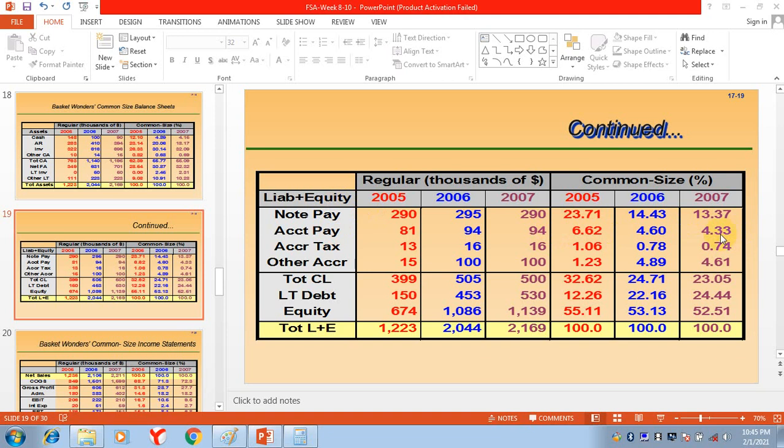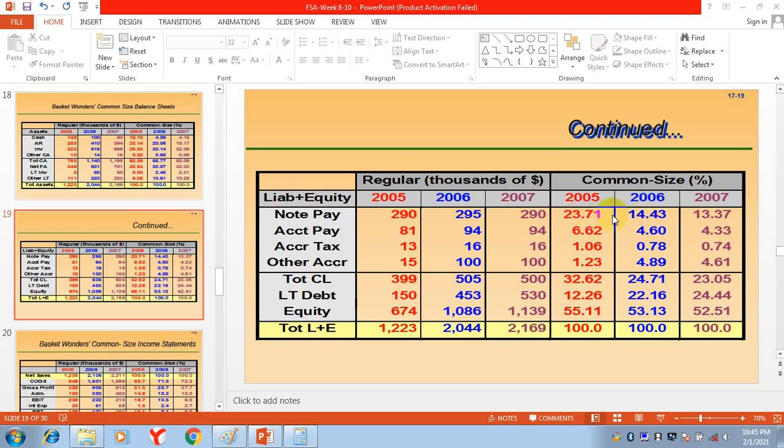What do you think? Is it good or is it bad? You are making payment quickly. So from one point of view, it is good. How is it good? When you are making payment on time, your reputation is increasing in the market.